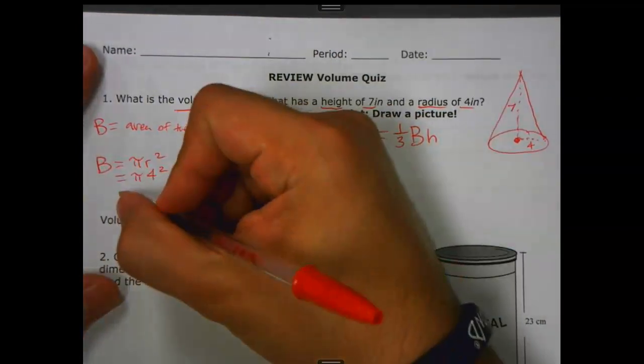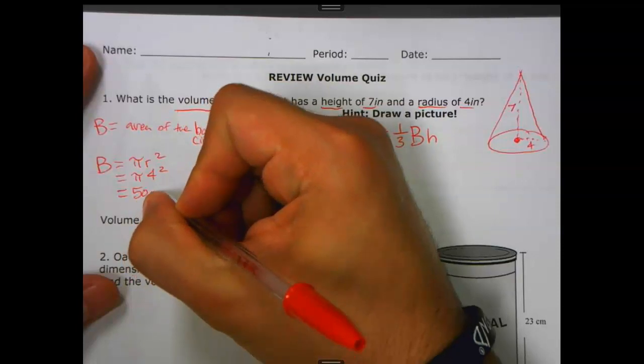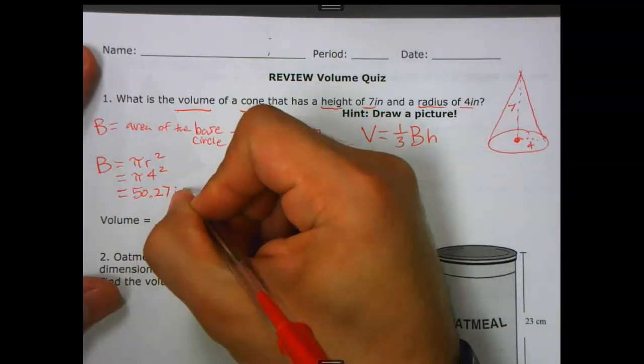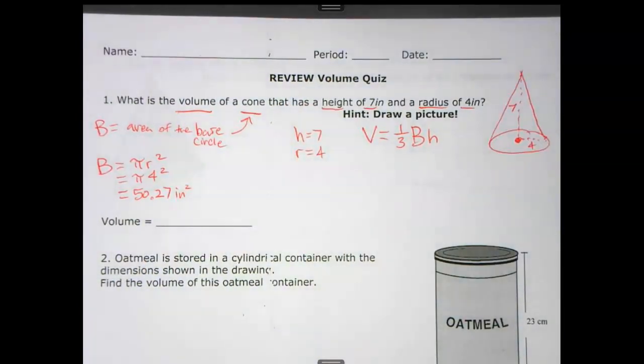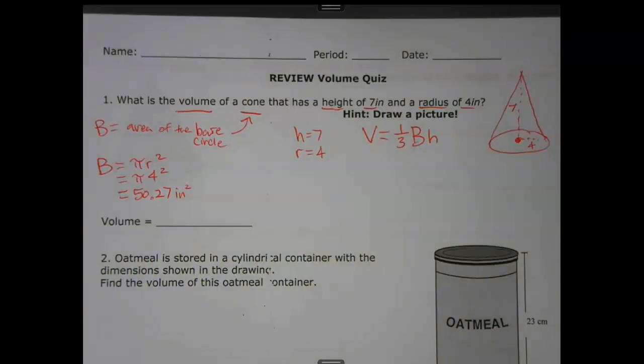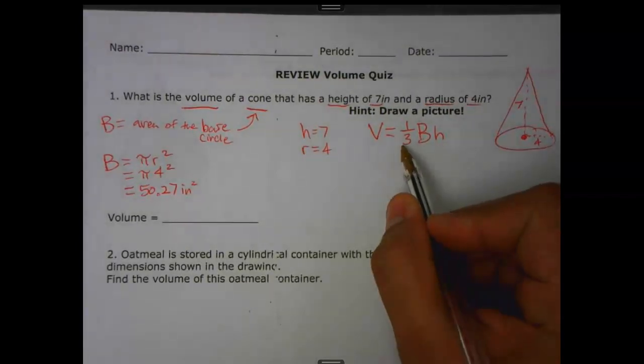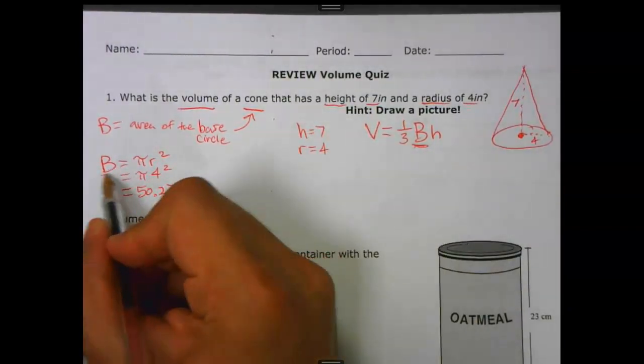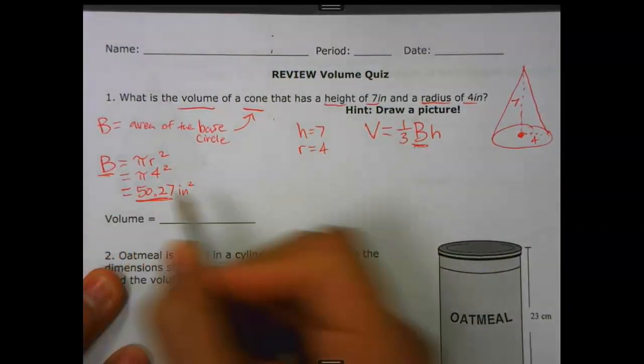Now that's just big B, 50.27 inches squared. Inches squared because it's an area. Now, if I'm doing 1/3 BH, do I know big B? Yes, big B is 50.27.